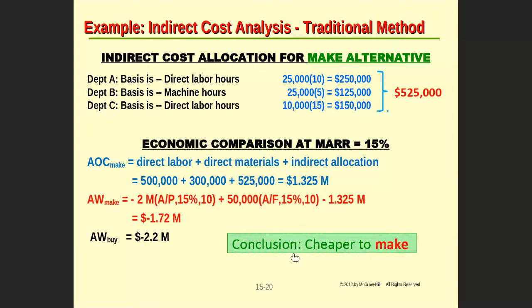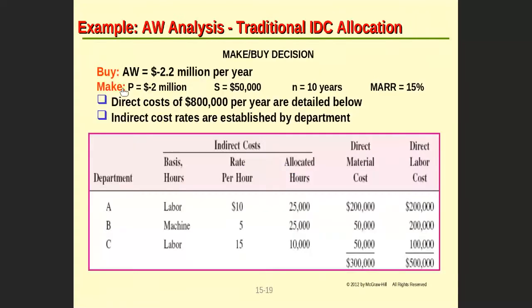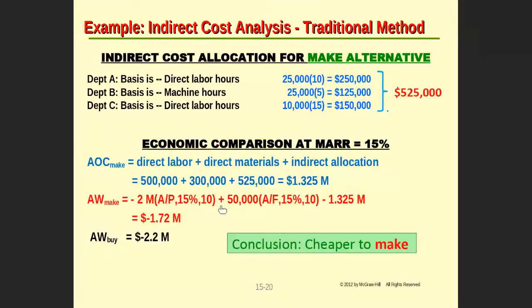But we have to add the other cost for the fixed, the principal and the salvage, after we convert them to an annual. We use the converter A given P for the principal and A given F for the salvage, and we add the cost for the direct and indirect with the minus sign. Don't forget that 1.325 is in million form, and that will lead us to 1.72 million.